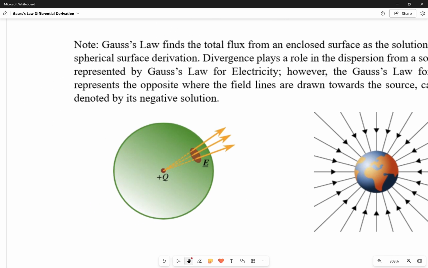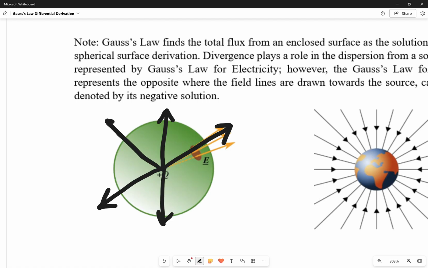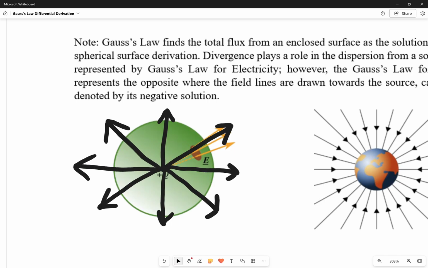Gauss's law of electricity best represents this with a positive point charge where the electric field lines are going outward. I can imagine if there's a negative point charge, the field lines will be going inward.